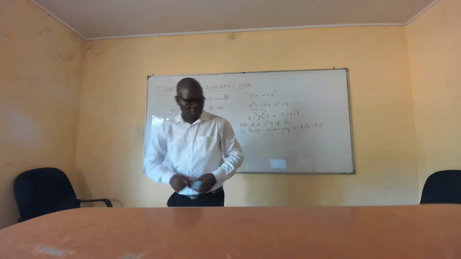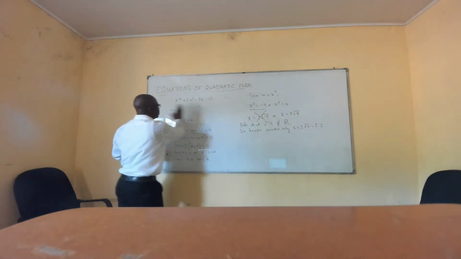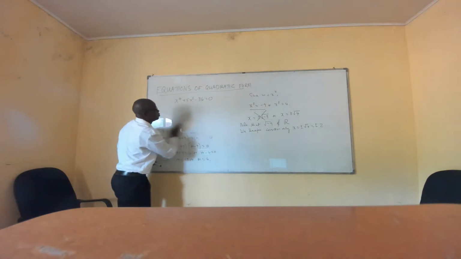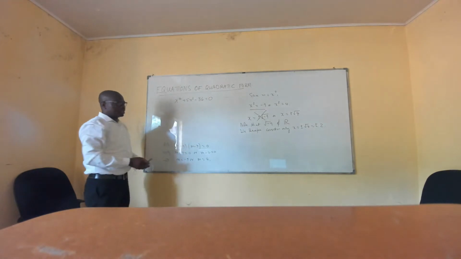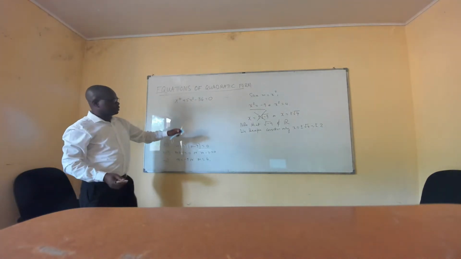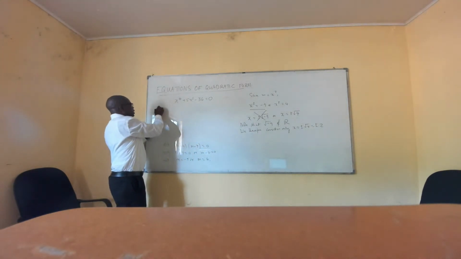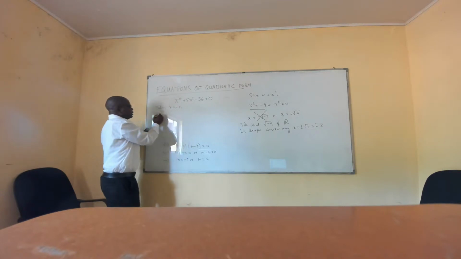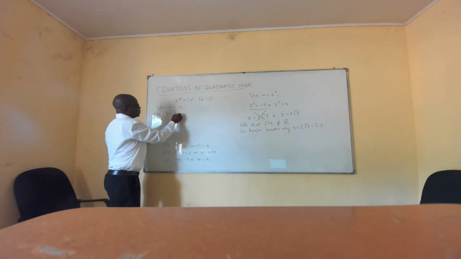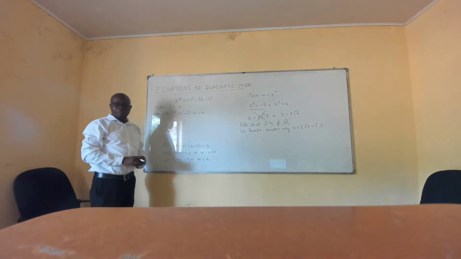Maybe we can just check these solutions in the original problem. You see that when x is minus 2, the left-hand side is going to be minus 2 to the power 4 plus 5 times minus 2 squared minus 36 equal to 0.